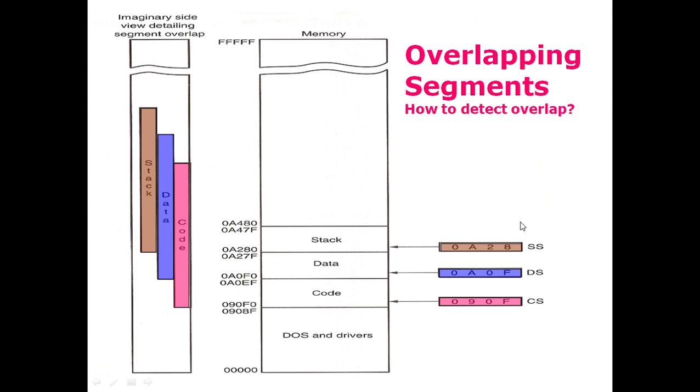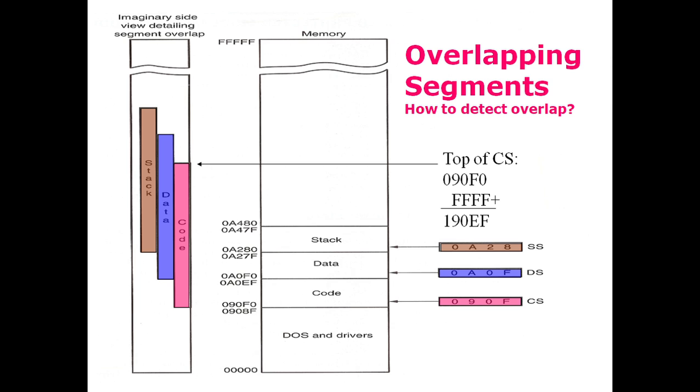Now let's see how the last address of the code segment can be calculated. As we know, each segment in the real mode is fixed. The size of each segment is fixed, and that is 64 kilobytes. To find the final address of a segment, FFFF is to be added to the starting address of that segment.